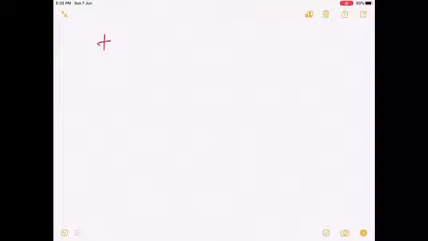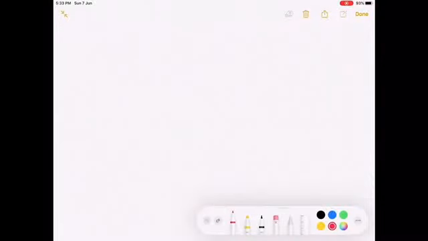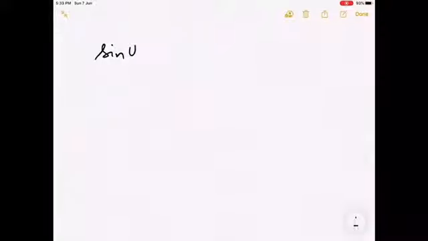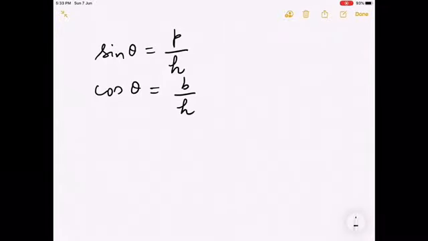I'll just write down once again here: sine theta is equal to perpendicular upon hypotenuse, cos theta is equal to base upon hypotenuse, and tan theta is equal to perpendicular upon base.